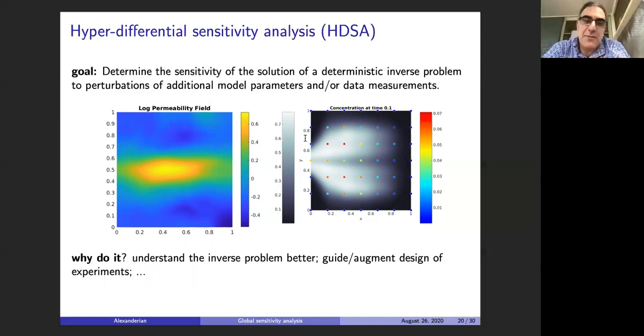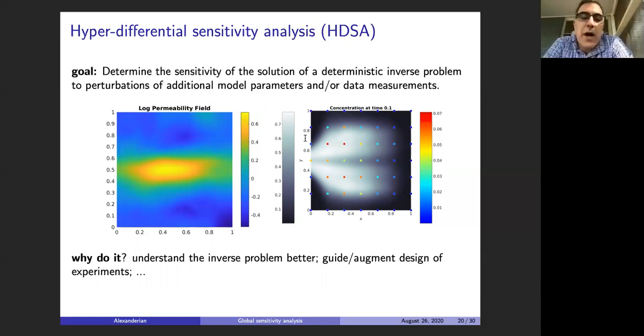When you solve the inverse problem, which we will discuss in a minute, you're trying to estimate some parameter of interest, but there are other parameters in the governing equations that maybe you are not necessarily interested in estimating, but you still have to specify them based on prior knowledge or expert opinion or historic data or whatnot. So you want to see how sensitive your inverse problem is to those parameters.